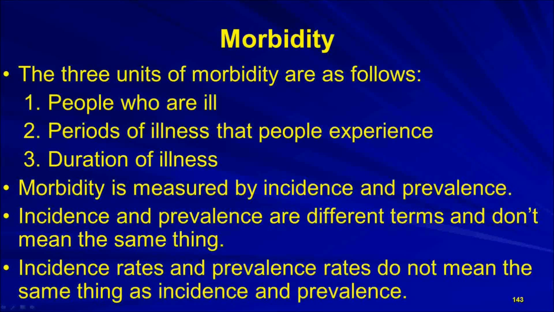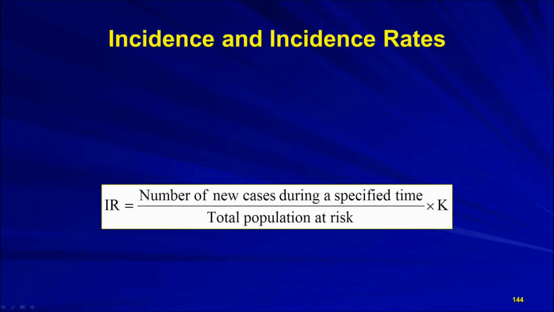I hear them used all the time in the same sentence, or as one term being exchanged for another, which is incorrect. And incidence rates and prevalence rates do not mean the same thing as incidence and prevalence. Incidence rates and prevalence rates involve a calculation, and I'll go on with that here in just a second.